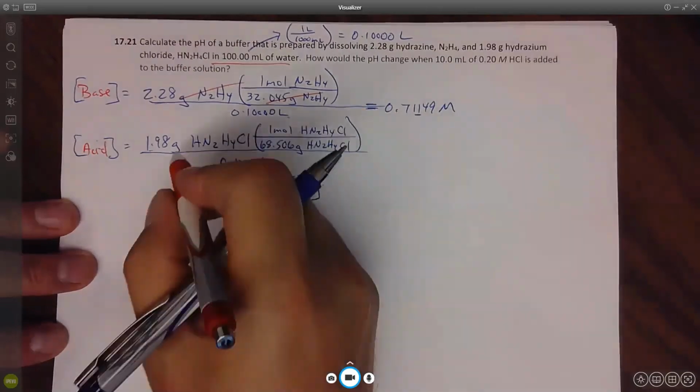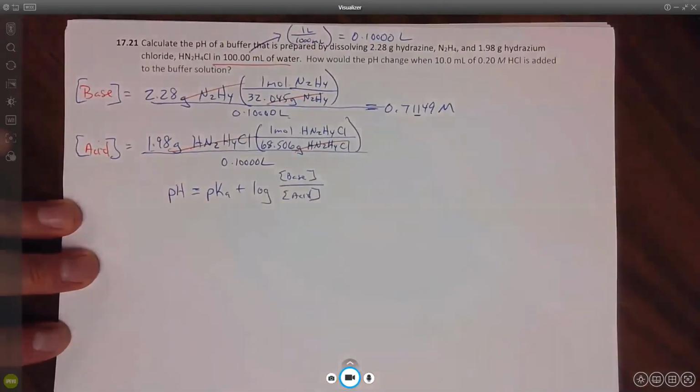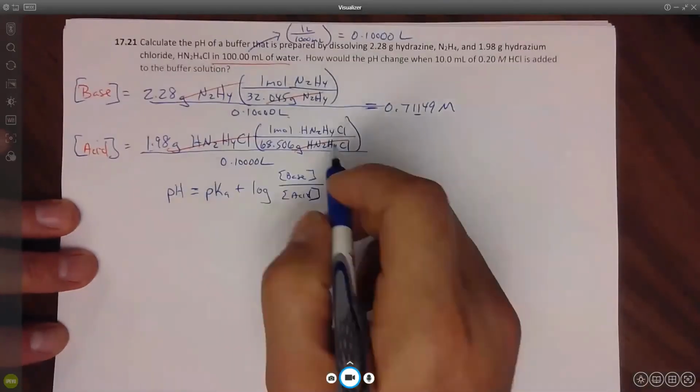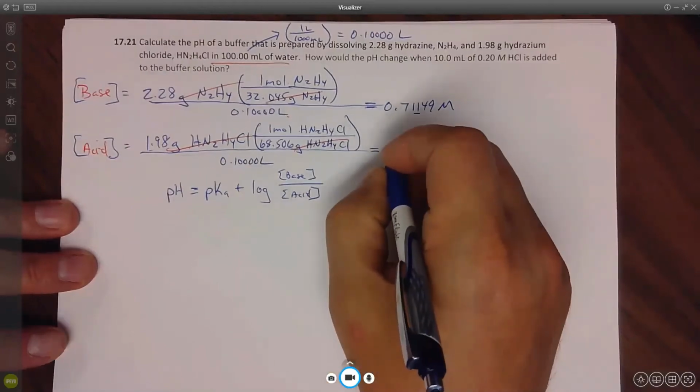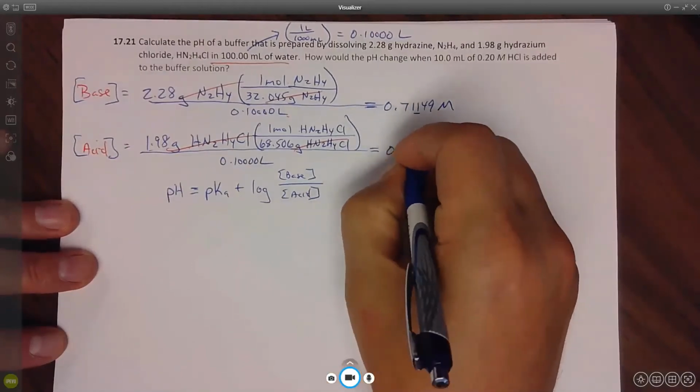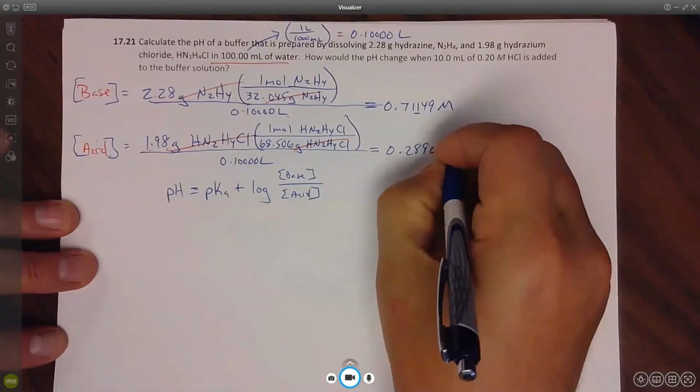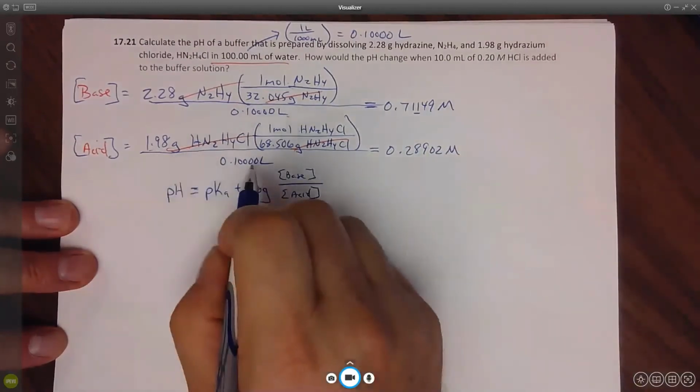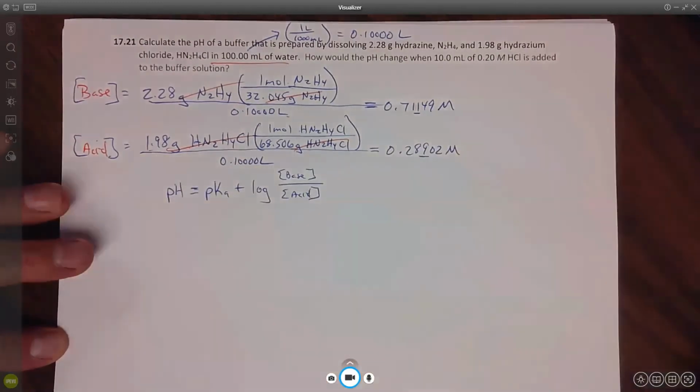The grams of hydrazinium chloride cancel, and then plug that into your calculator, and you're going to get a concentration of 0.28902 molar. And again, 3 sig figs.